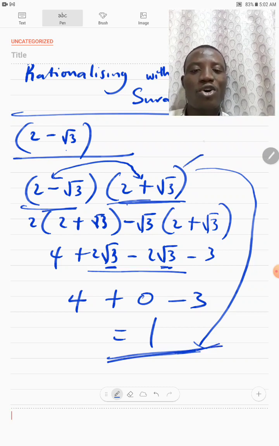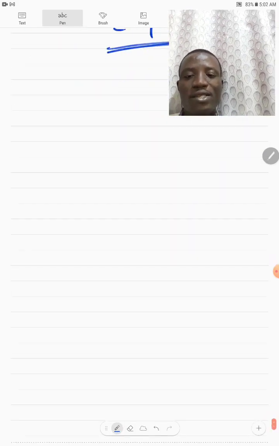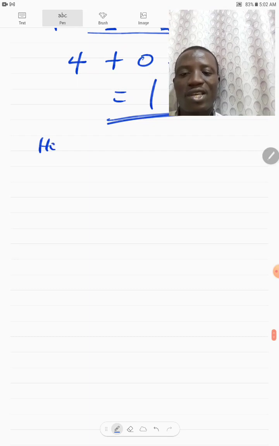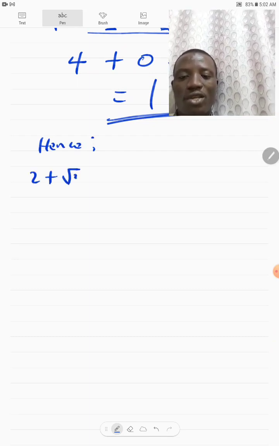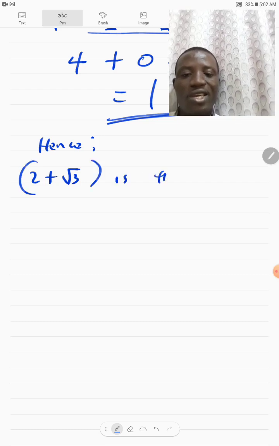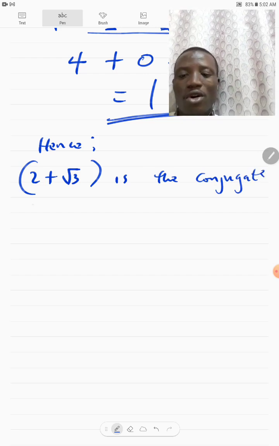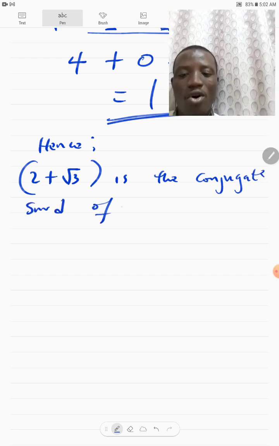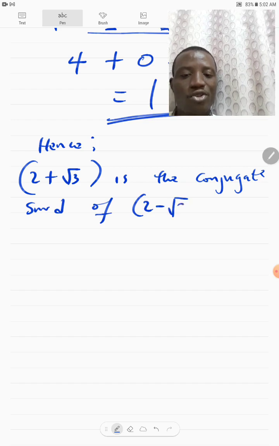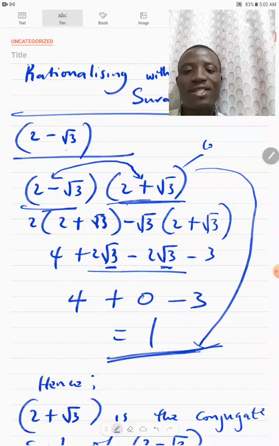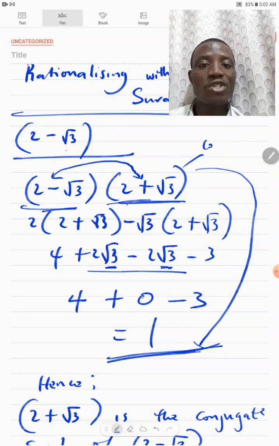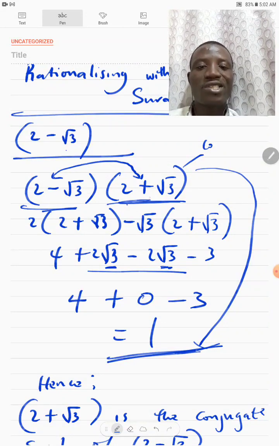Hence, we call these the conjugates. Okay, let me write it. Hence, we say 2 plus root 3 is the conjugate surd of 2 minus root 3. So you see that? So the conjugate surd is only different from the original surd only with what? Sign.